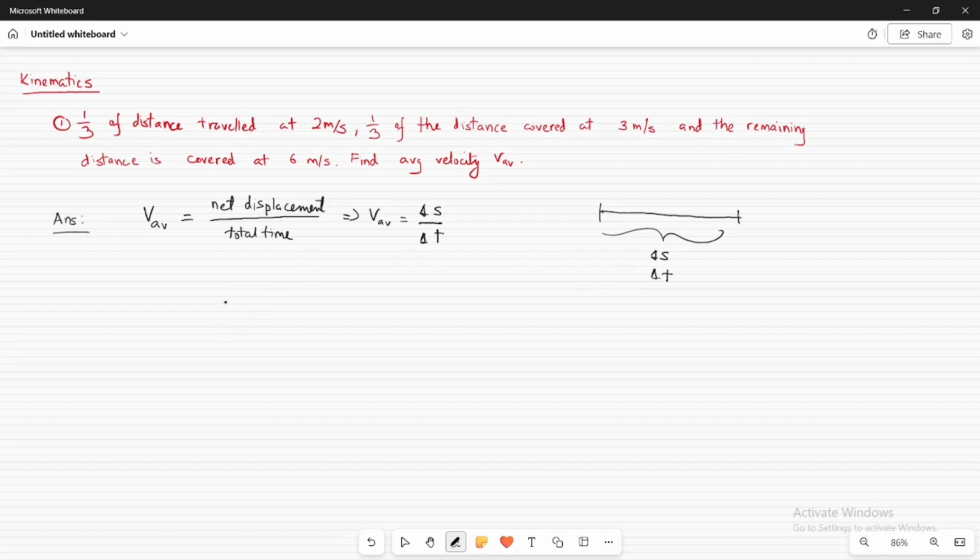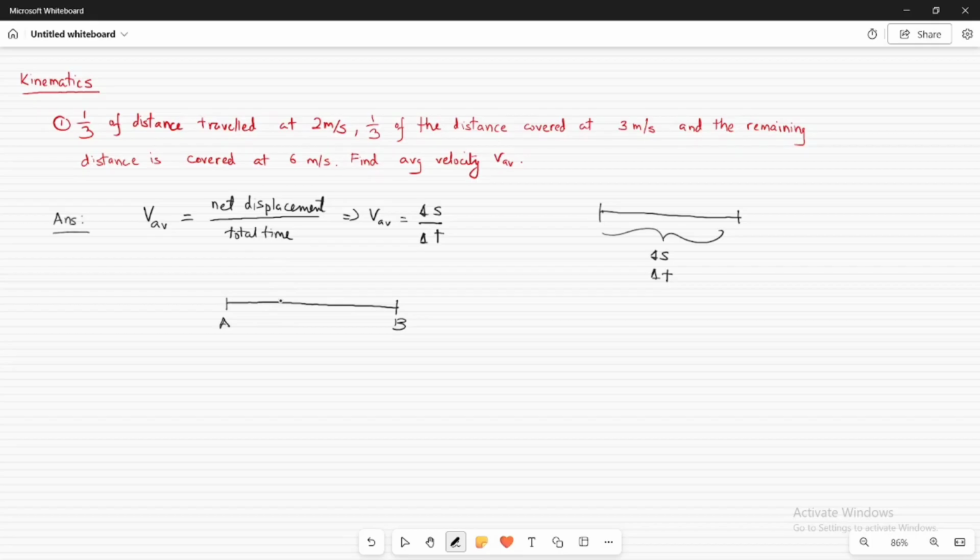Assume there is a distance, AB. Now, one third of the distance is traveled at 2 meters per second.